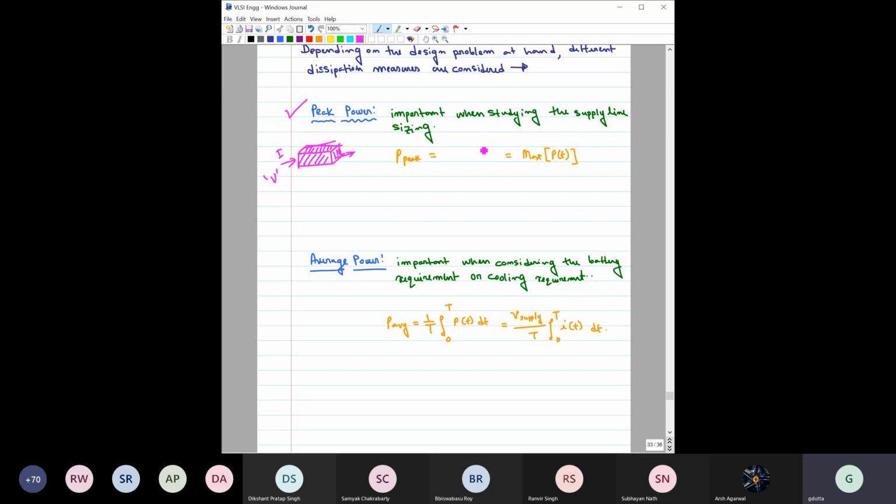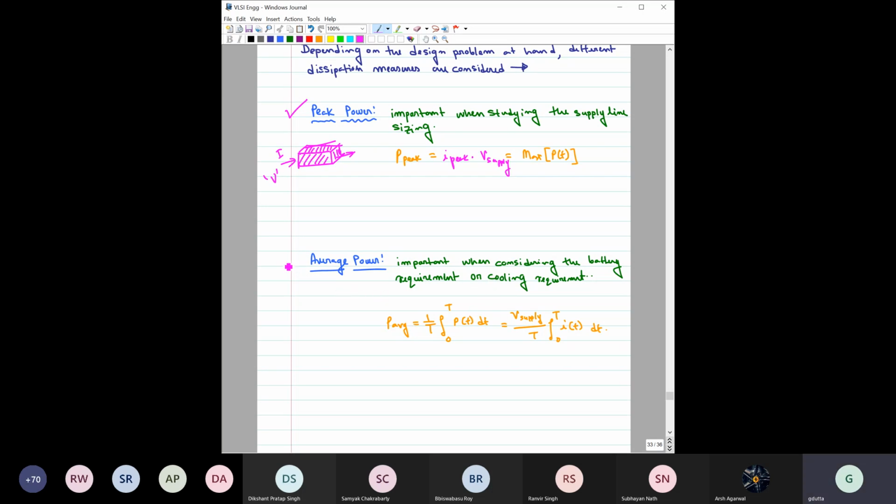Peak power is basically I peak times the supply voltage VDD, so it is the maximum of PT. You have to keep a provision for this much power, so that your IC is able to handle it, right?